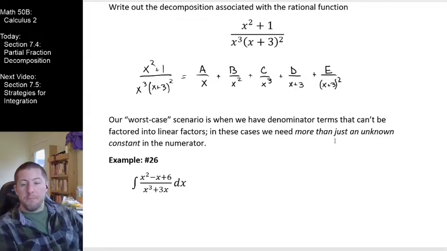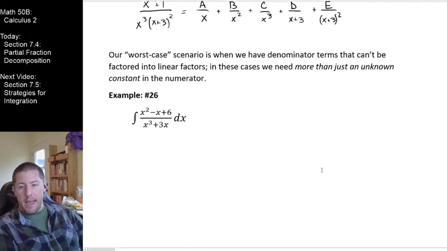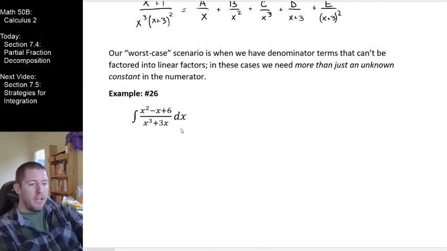In this one, we've got a quadratic divided by a cubic. As soon as I see this denominator that seems slightly factorable, I'm saying to myself, maybe I can make something special happen with this x cubed plus 3x. Let's see if we can factor it. If I try to factor this, I get x times x squared plus 3.